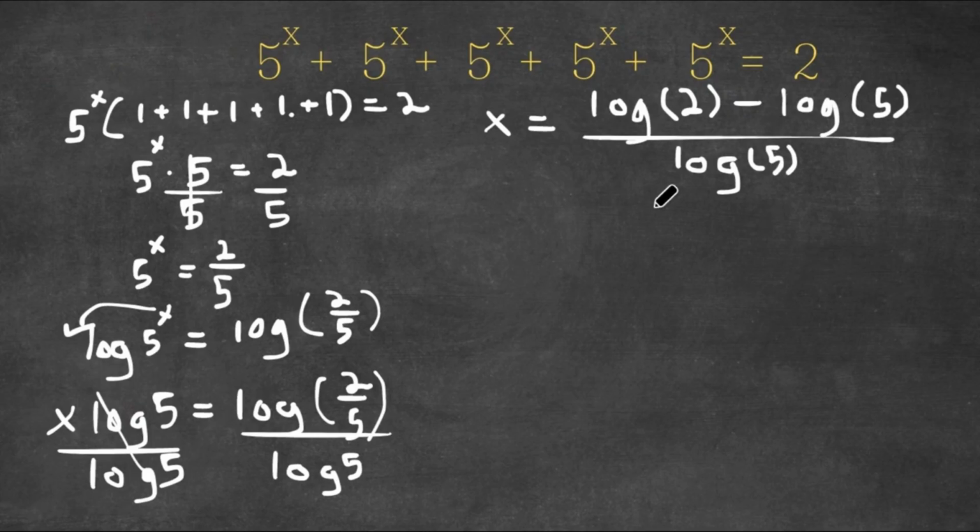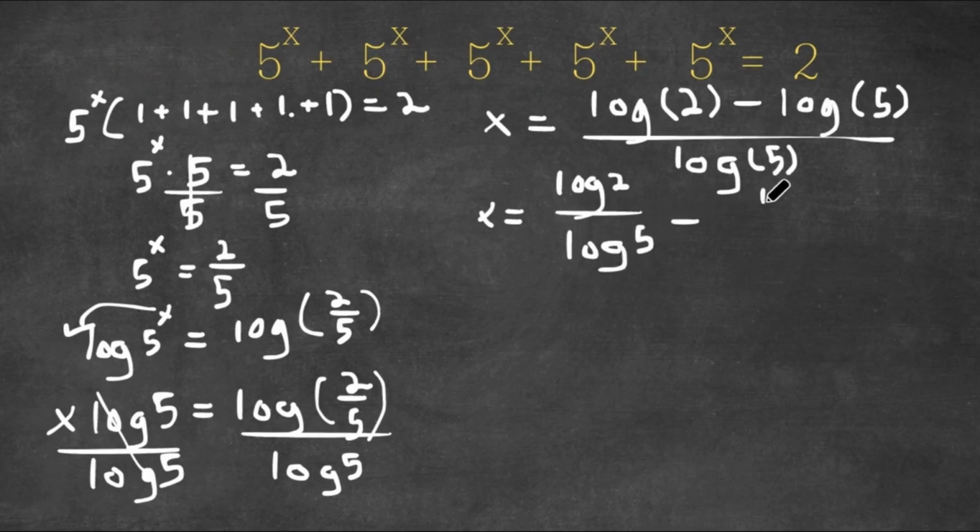Now I can rewrite this as log 2 over log 5 minus log 5 over log 5.